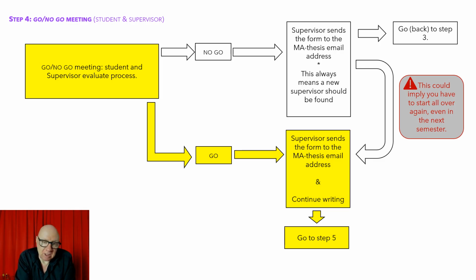Of course, that will be difficult, but the master thesis coordinator will try to do his best to find a new supervisor for you, but maybe they will also say, well, given what I've seen here so far, I also think that the student will not write a sufficient thesis on this topic in the amount of time that's available for the student. That could just mean that you have to start all over again, even in the next semester, and that will also then mean that you have to write on a different topic.